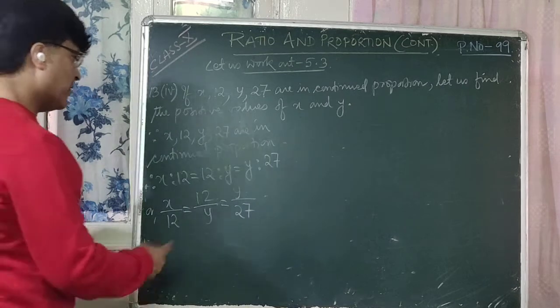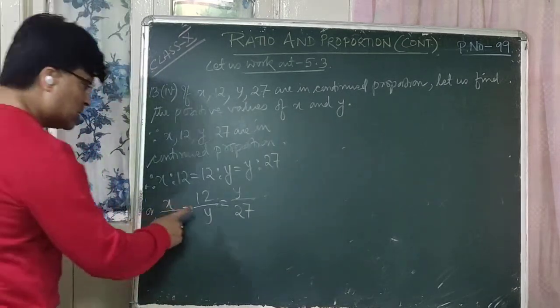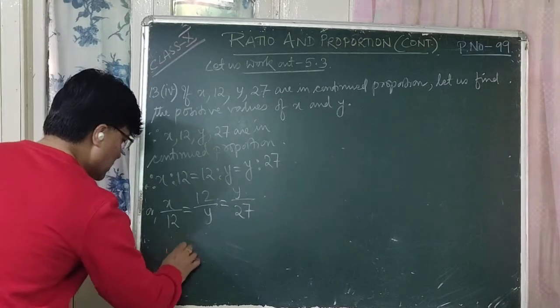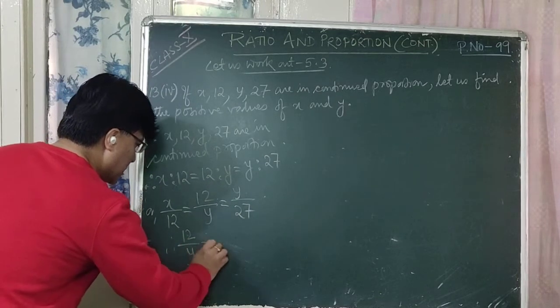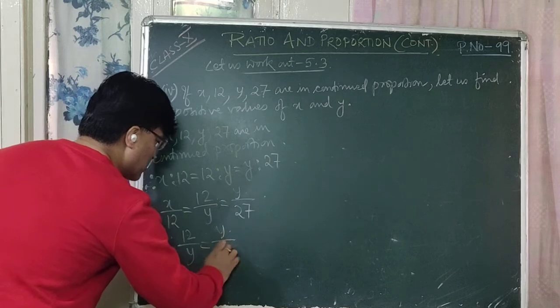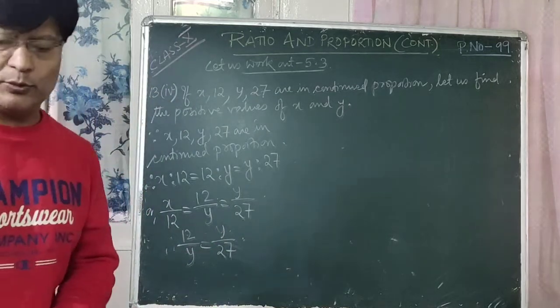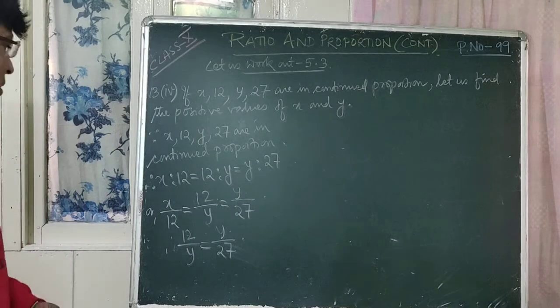So let us simplify it further. Let us equate second with last to get the value for y. Therefore 12 upon y is equal to y upon 27. That is 12 upon y is equal to y upon 27, right?